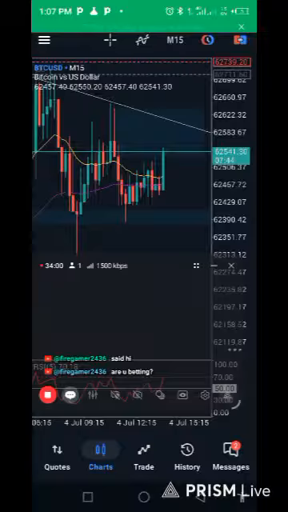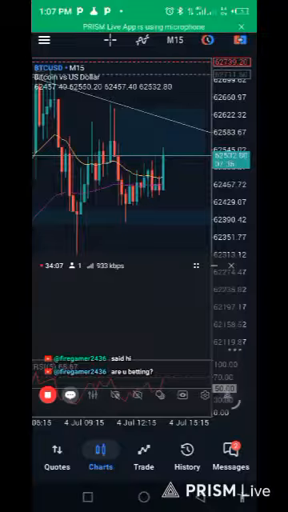And for profit, you go down to the lowest time frame, like maybe the 1 minute or the 5 minutes time frame. Then you check if there are breaks of structure to the downside or to the upside, depending on the trend you are in.